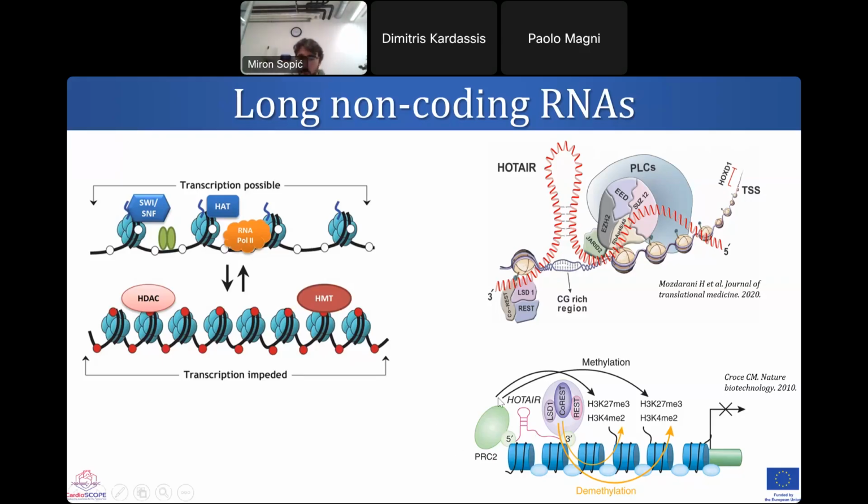So PRC2 promotes methylation on certain histones, while LSD1 promotes demethylation of other histones, and the combination of this methylation and demethylation basically condenses chromatin and blocks the transcription. So this is a very straightforward example of how a long non-coding RNA can go in and regulate transcription of certain genes.